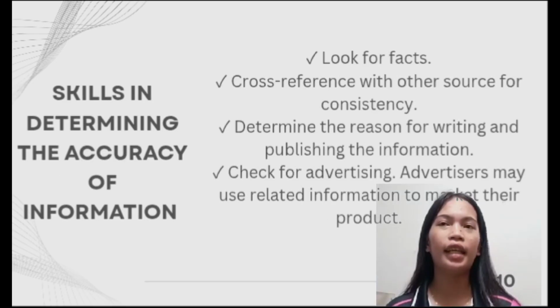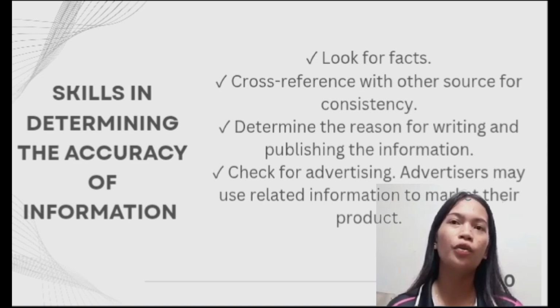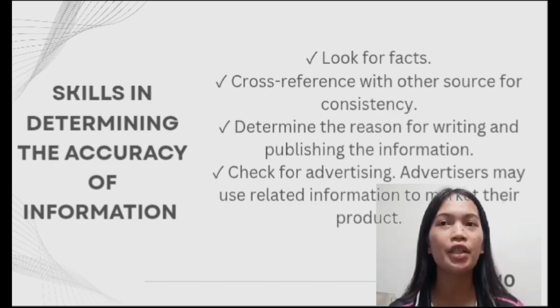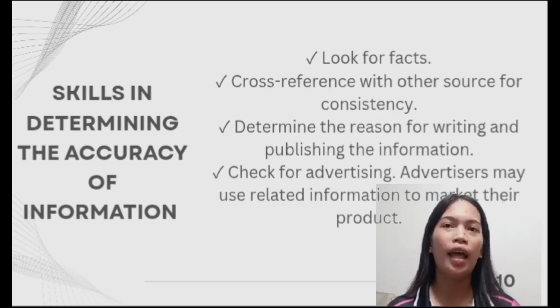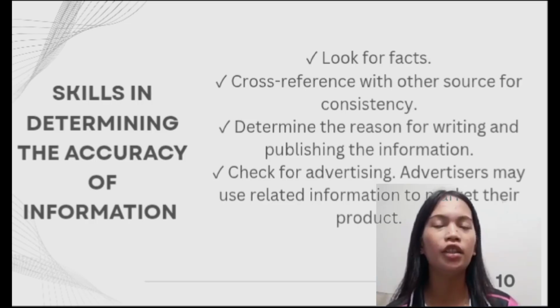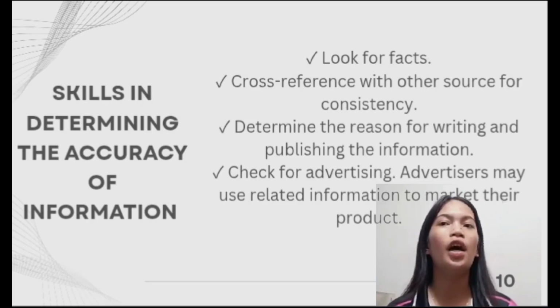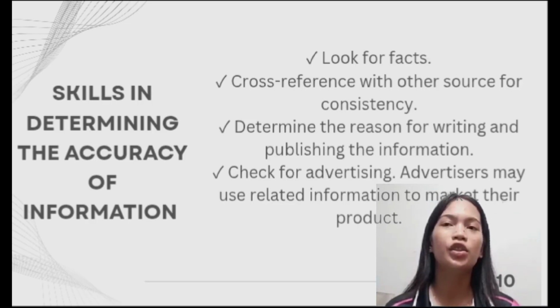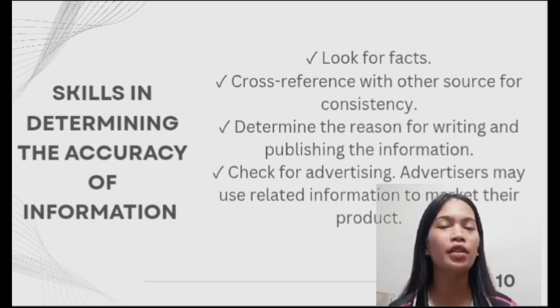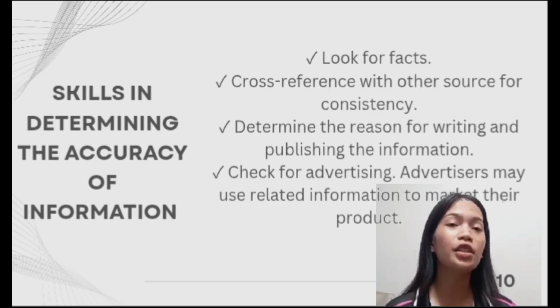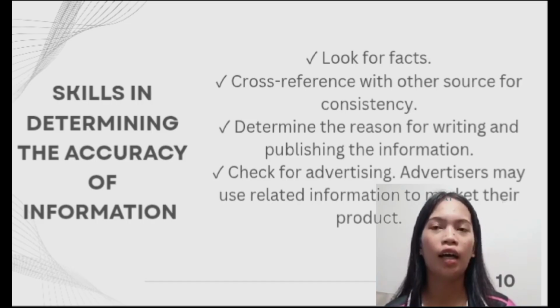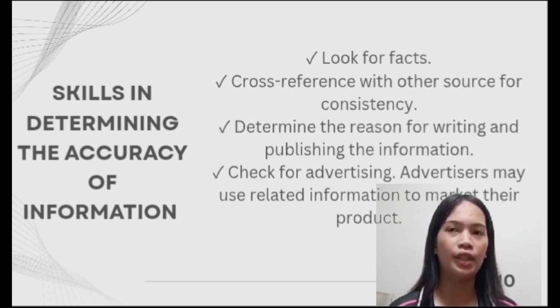Next is skills in determining the accuracy of information. First is look for facts, so you can verify if the information is factual and supported by evidence. Next is cross-reference with other sources for consistency, so you can compare the information to other reliable sources to make sure of consistency and accuracy.